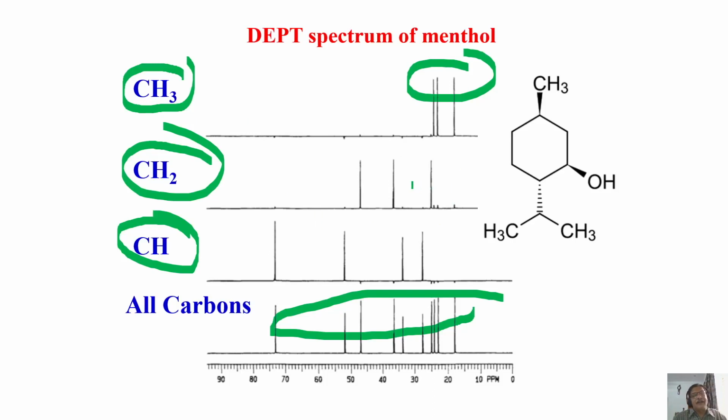Like that, you can play with the scaling factor, do addition and subtraction of these DEPT spectra of different flip angles. You can manage to get only CH carbon, CH3 carbon, CH2 carbon spectra individually. This is called spectral editing. Most important, very, very advantageous for you for making assignment of the carbons.